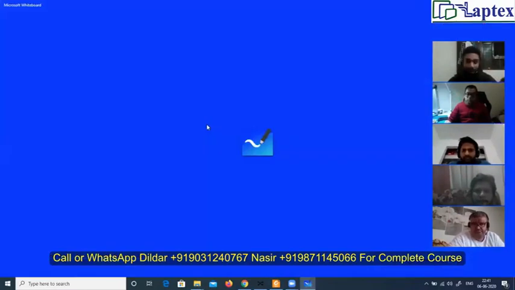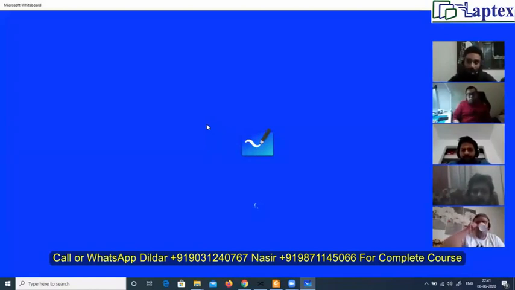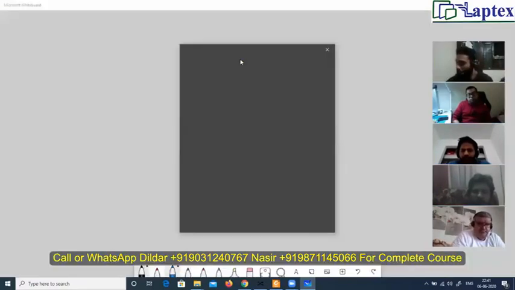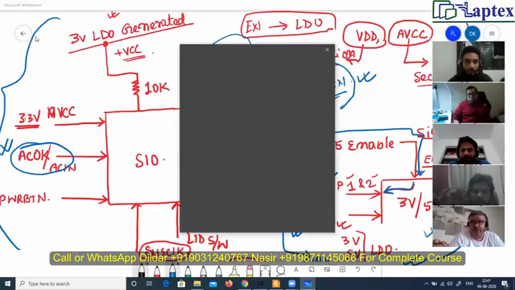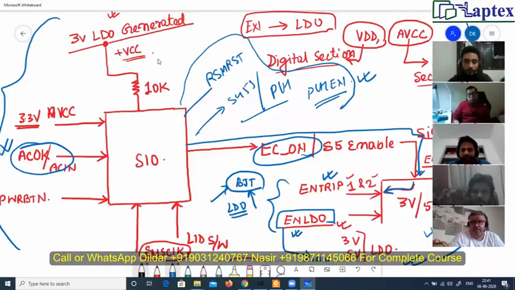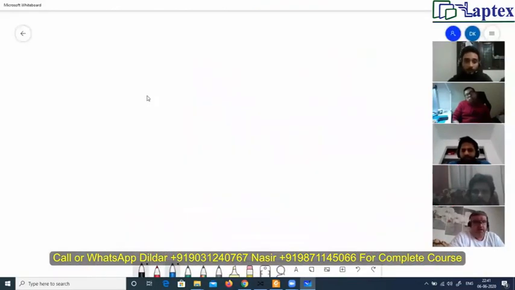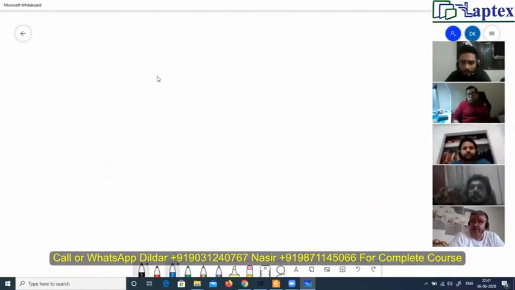See, what do you know about the 3 volt, 5 volt section? After button press, we have 3 and 5 always. 3.3 is the voltage for IO, and the 5 volt is the voltage we need for USBs. So that is my knowledge.